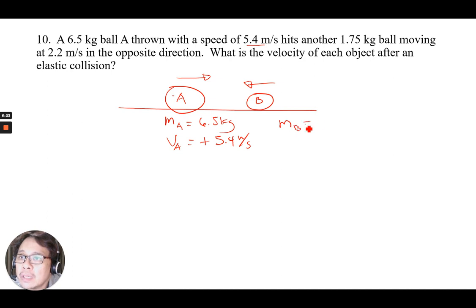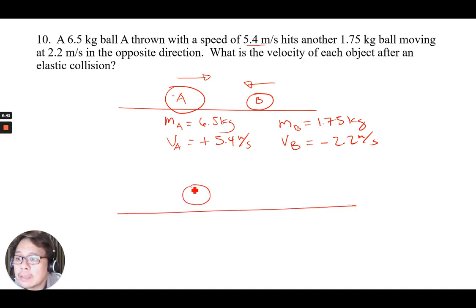The mass of B is 1.75 kilograms. The velocity of B is negative 2.2 meters per second. We are asked what is the velocity of each object after they collided, and then they separated.